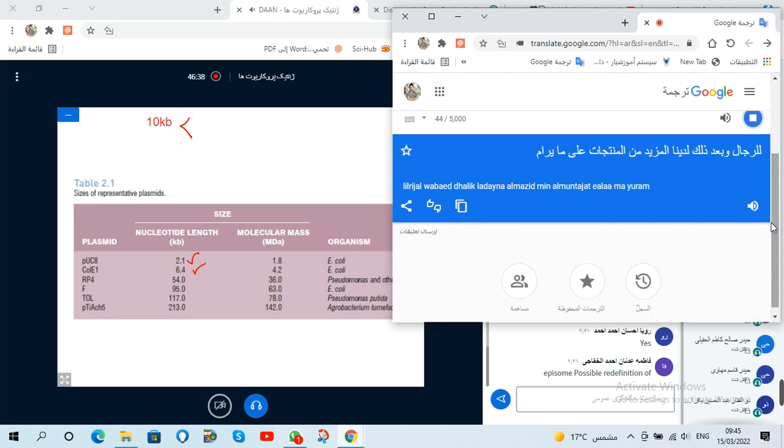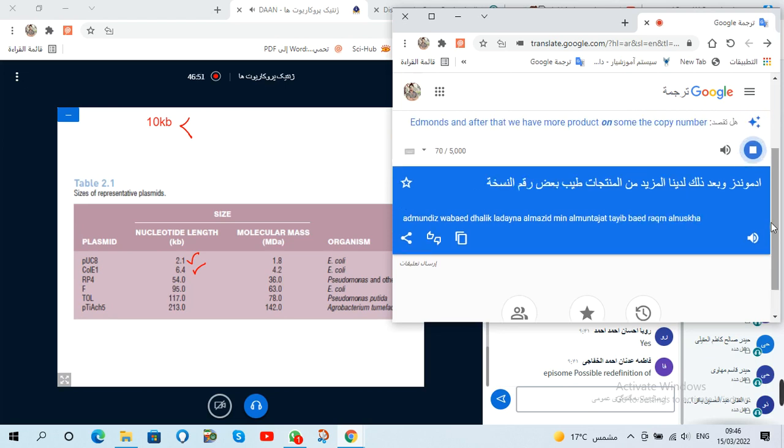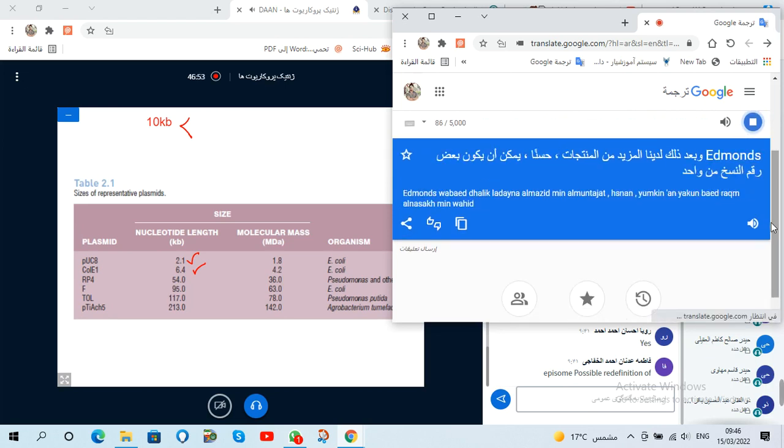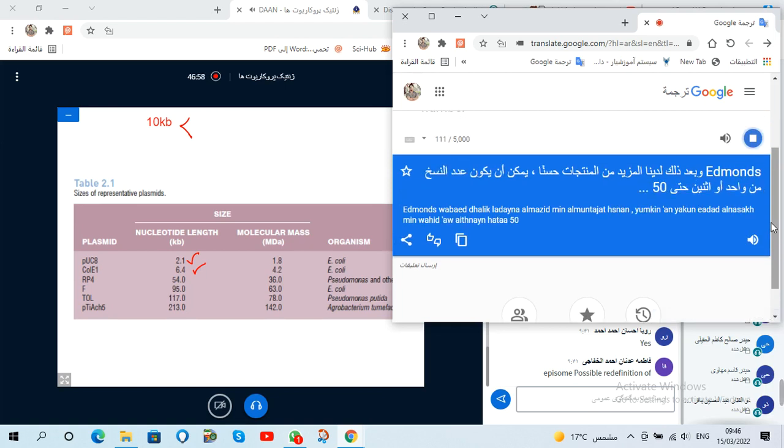Okay, so the copy number can be from 1 or 2 up to 50 copies.